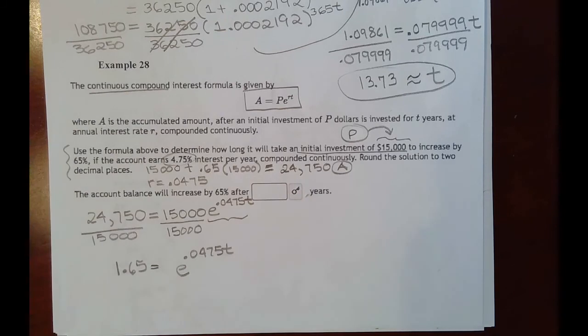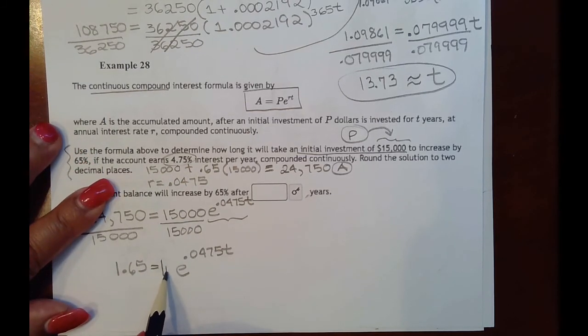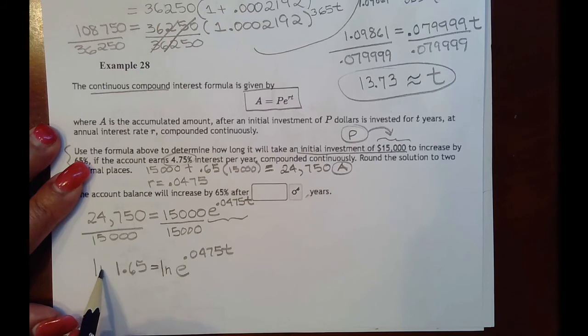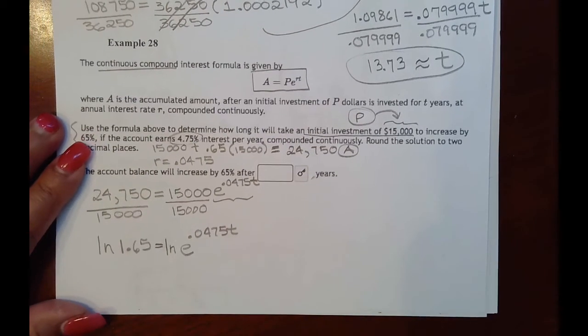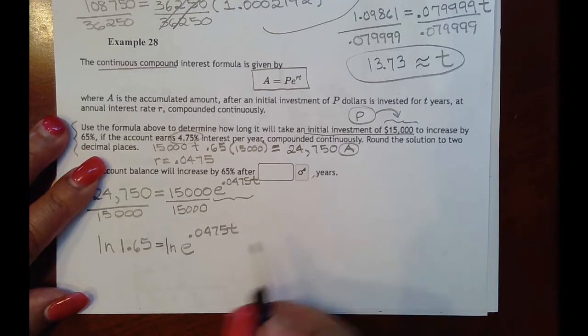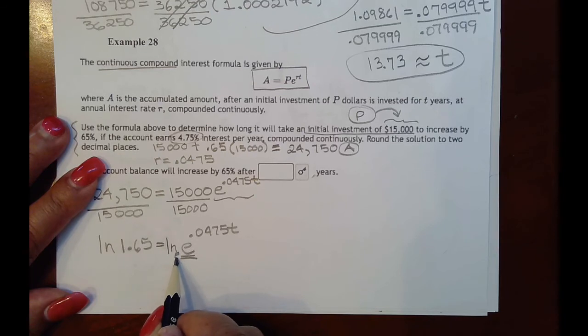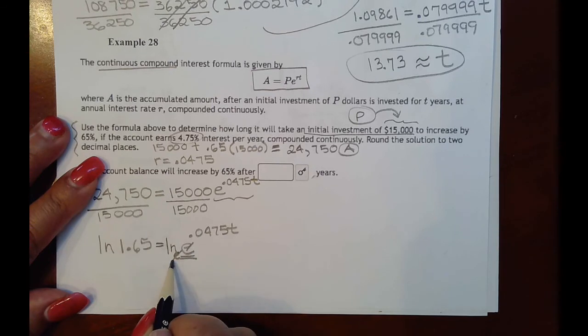Let me give myself some room to squeeze in that log. When trying to solve something in exponential notation like this, you'll take the log of both sides. When the base is e, it's natural log, but any other time it's common log. So natural log here, natural log here. Now in this particular problem, you can use the inverse property. The inverse property states that if the argument is the same as the base, and the base on natural log is e, if these two match, they cancel with each other.